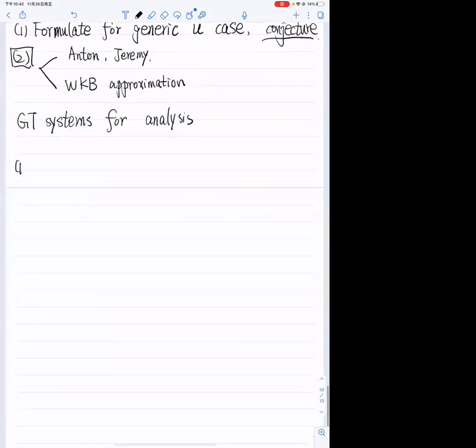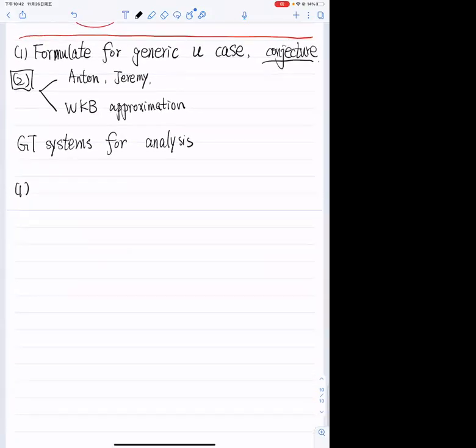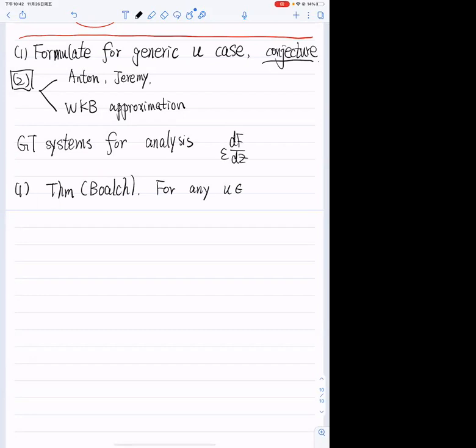So first, from the Poisson geometric viewpoint, following the remarkable work of Philippe Boalch, we already know that for any, okay, again, recall that our system is simply epsilon times df over dz equals i times u over z squared plus a over 2 pi i z, times f, where u is real and a is Hermitian.